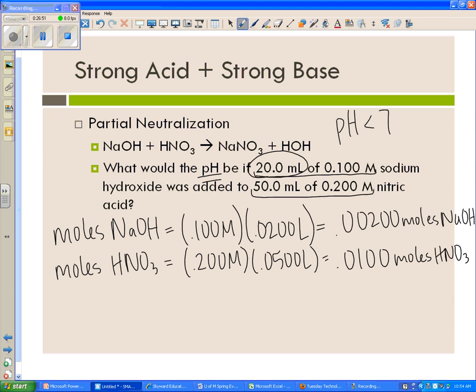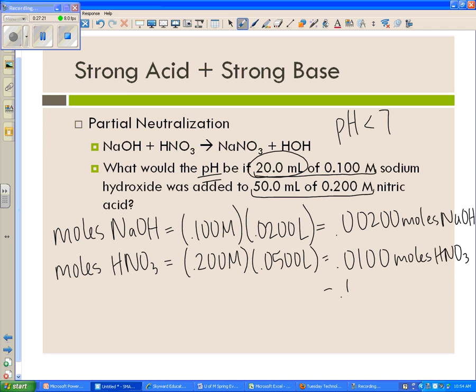If this is a 1-to-1 ratio, this 0.002 will neutralize 0.002 moles of acid. If 0.002 moles of acid are neutralized, there'll be 0.008 moles remaining.